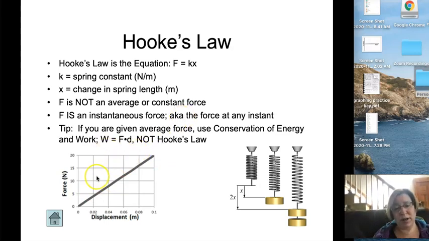If they use the word average force in a spring problem, it is easiest to approach that spring problem from a work perspective, how much the force times the distance is, and not use Hooke's law. Do not put constant forces, or average forces, if they use these words, into this formula. It will not work, okay?